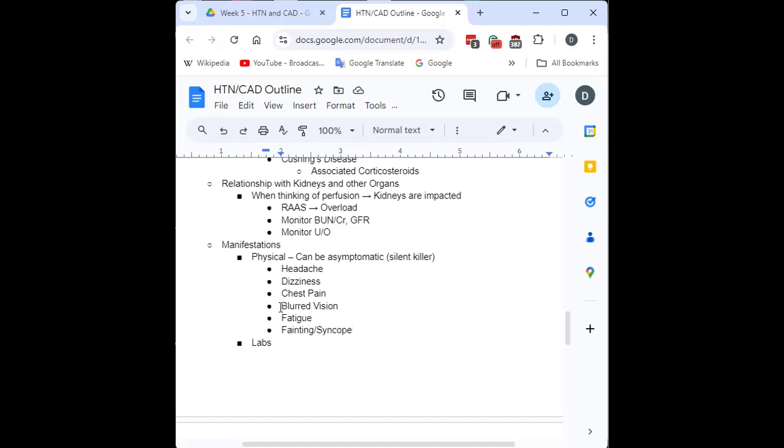But I would say these are probably the main ones to think about when you have that hypertensive crisis, or some people will be affected physically by the hypertension, though a lot of times it is asymptomatic. So that's something to teach the patient, because they might be like, why do I need this? I feel fine. You have to explain how it doesn't really have symptoms and the consequences that it can have.